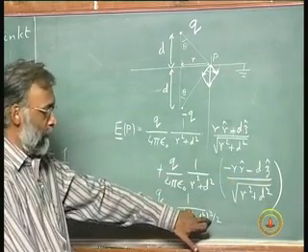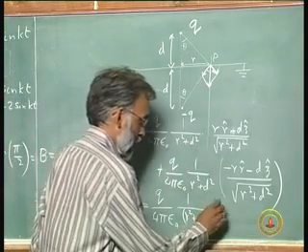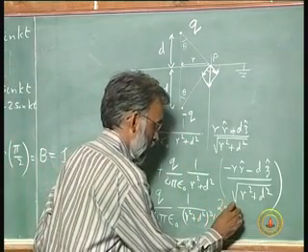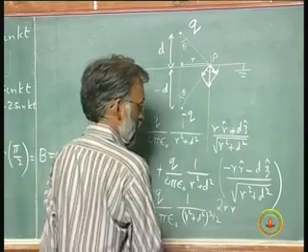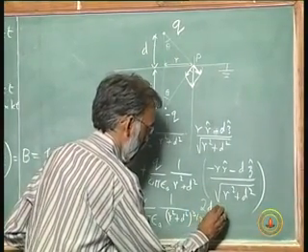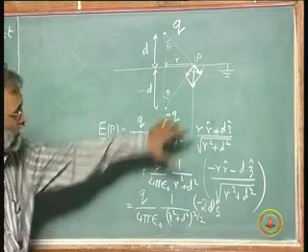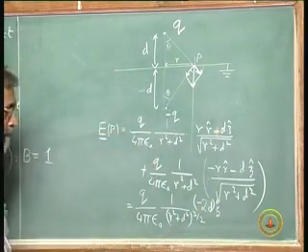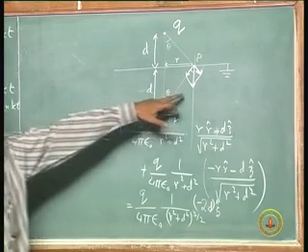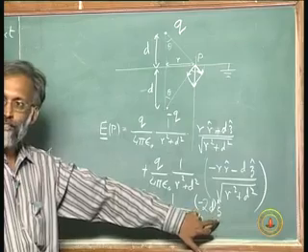So, r squared plus d squared to the power of 3 halves, and then multiplied by 2d z hat. That is adding up this term and this term. So, as this figure shows, the electric field is in the minus z hat direction.